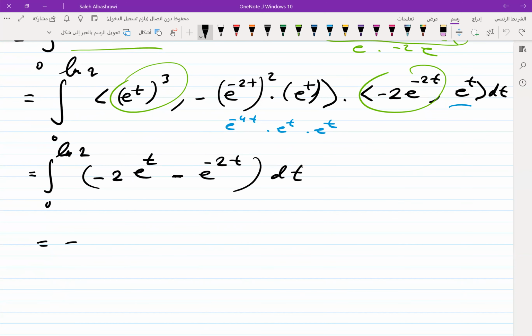We will have minus 2 e to power t plus 1 over 2 e to power minus 2t. Integration by substitution, I will have 1 half e to power minus 2t between 0 and ln of 2.